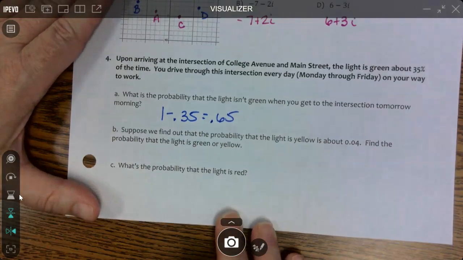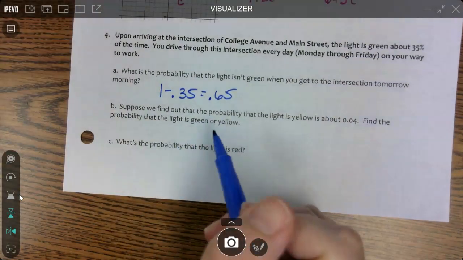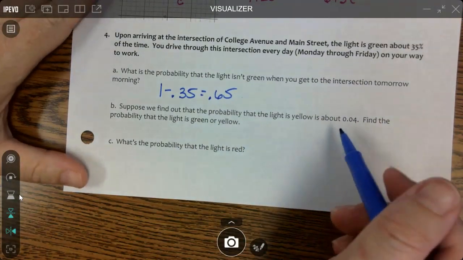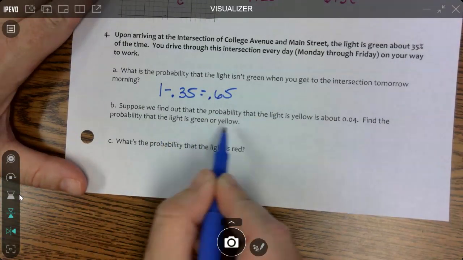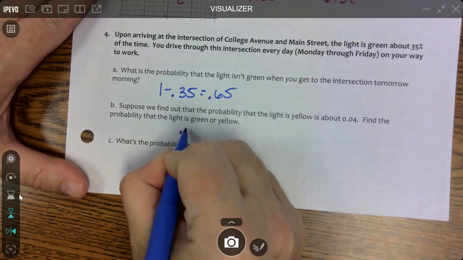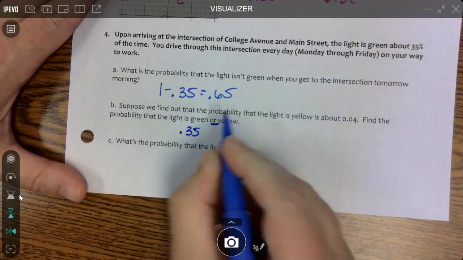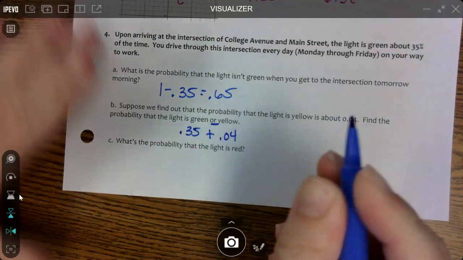Okay. Now, for B, suppose we find out the probability that the light is yellow is 0.04. Find the probability the light is green or yellow. Okay, so we know it's green, 0.35, or means to add, and then we're going to add 0.04.